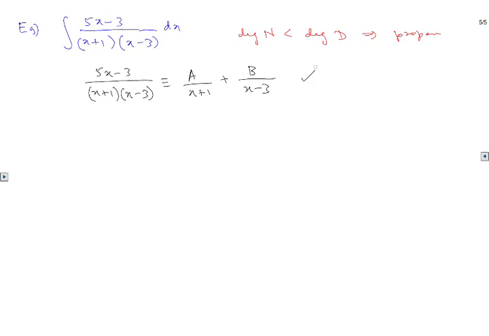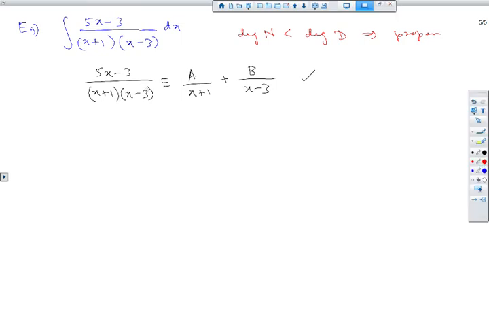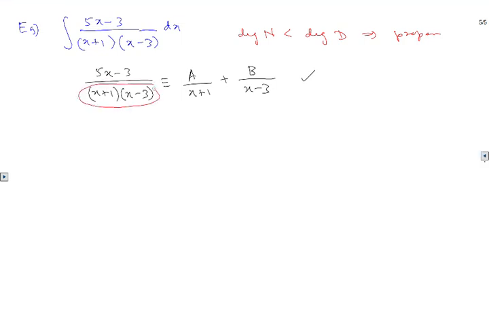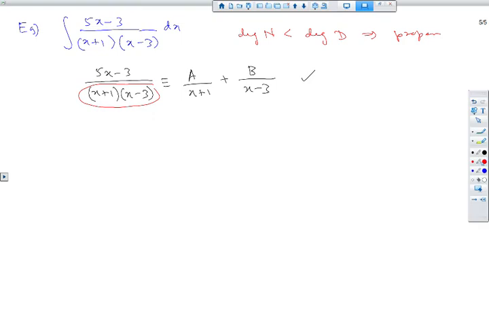Now we're going to discuss how the method works. We're going to multiply both sides by the common denominator term. So if you do that, what do you get?